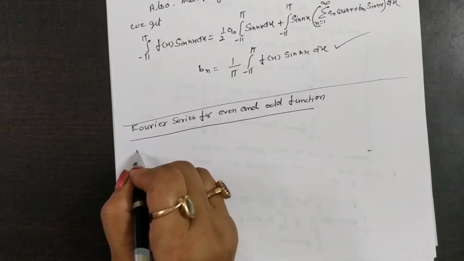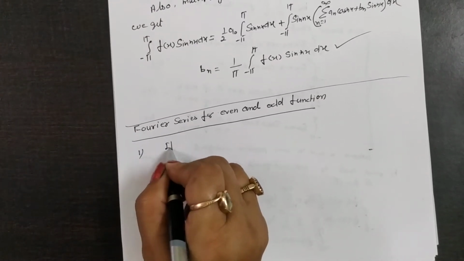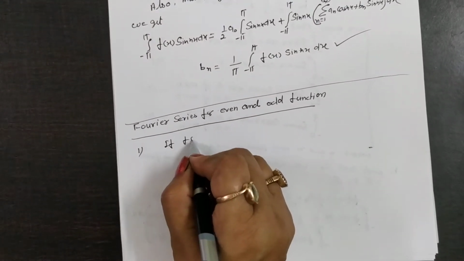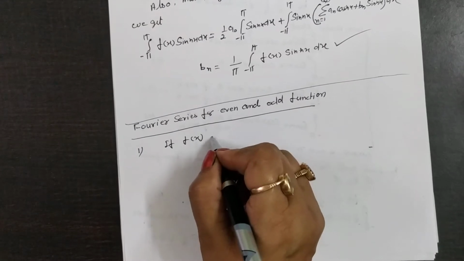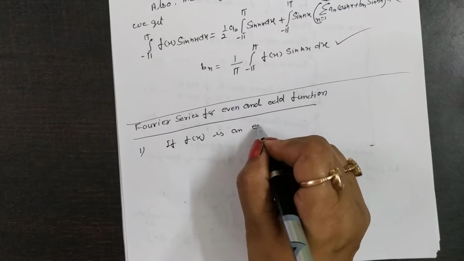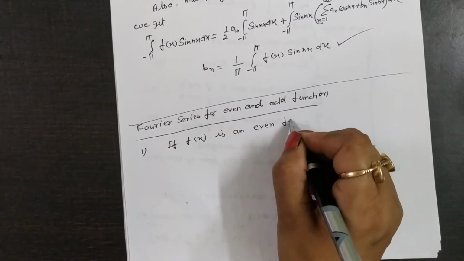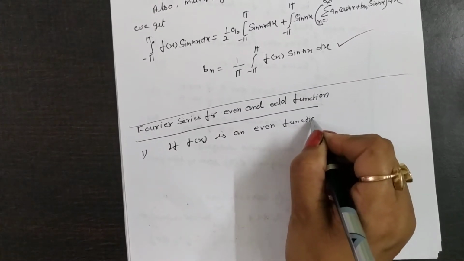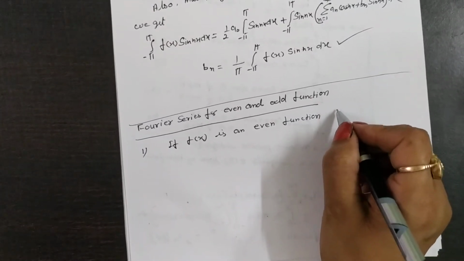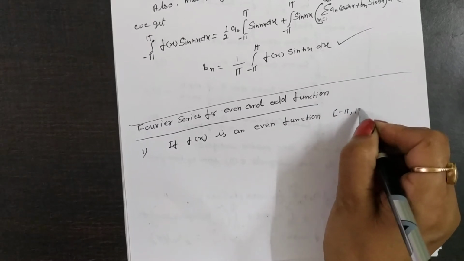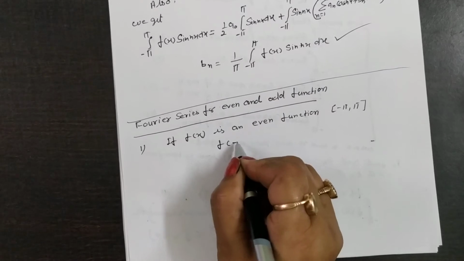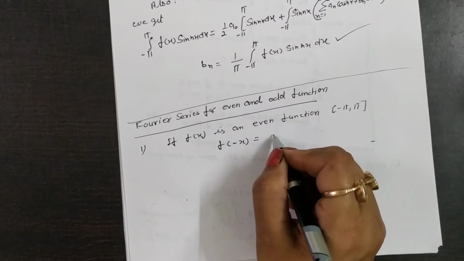Number one, if f of x is an even function in the interval minus pi to pi, then you get f of minus x is equal to f of x.